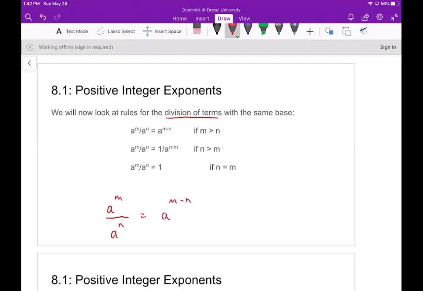But the way I like to think of it is wherever the bigger power is, in this case the top has the bigger power, that's where you're going to end up with a to the difference of those exponents. Now, if n is bigger, that means the bottom has the bigger power.